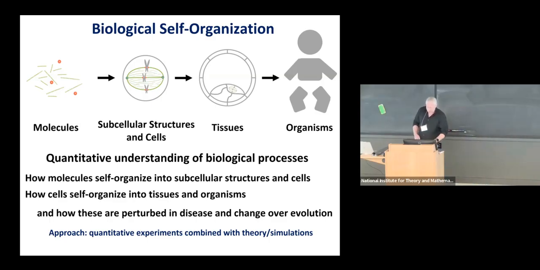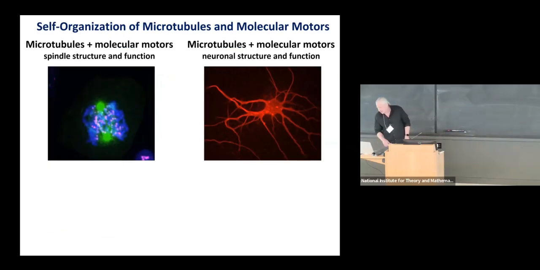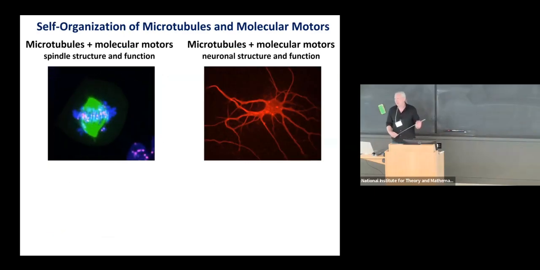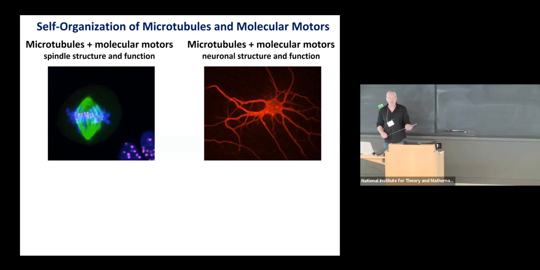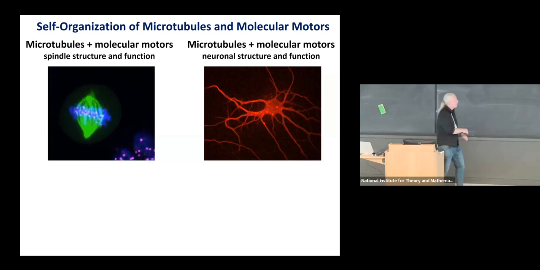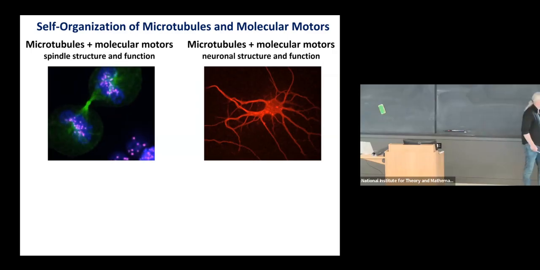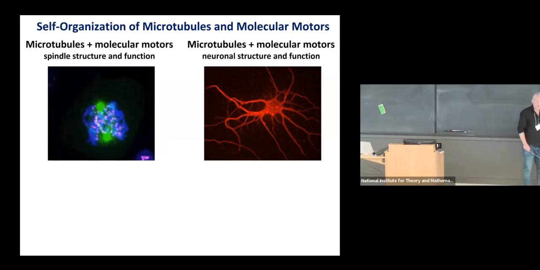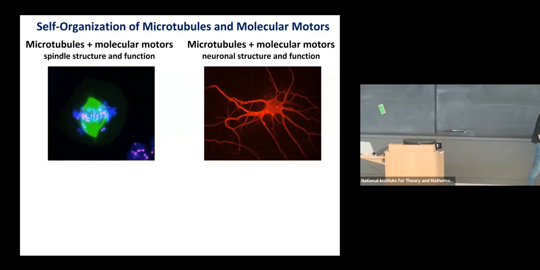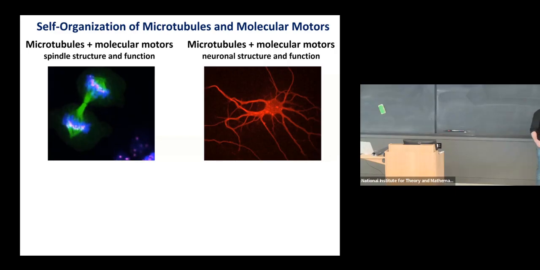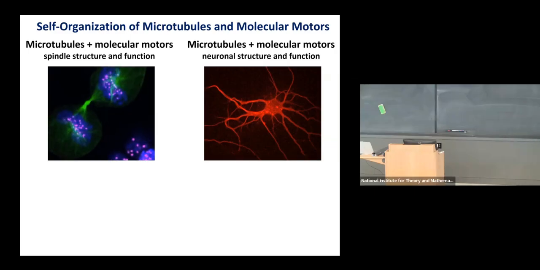All right, so one of the things which we've spent a lot of time focusing on is self-organization of microtubules and molecular motors. As Steffi was just telling us about, the spindle is made up of microtubules and molecular motors, and they self-organize to give rise to that. And then obviously, microtubules and molecular motors are very important in many other contexts, including in neurons.